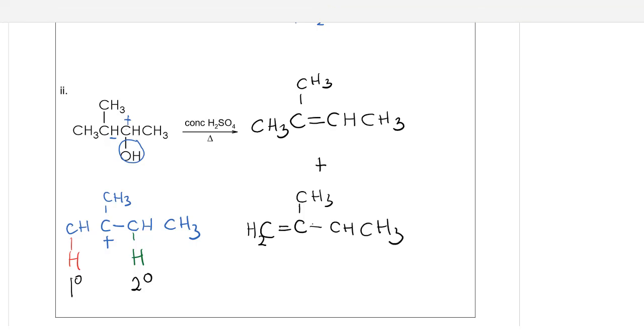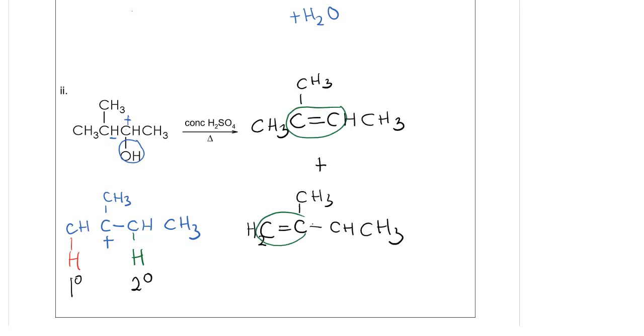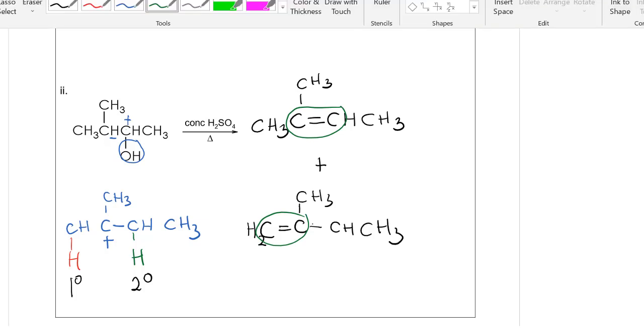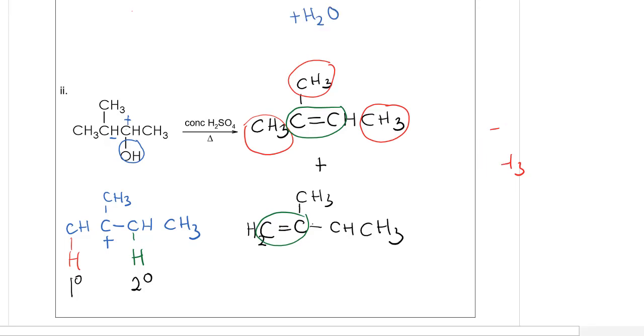If we check according to the zigzag rule, you need to circle the carbon-carbon double bond. Basically there are 1, 2, 3 alkyl groups, because this one is attached to this carbon, and this one is attached to this carbon. So there are 3 alkyl groups attached to the carbon-carbon double bond.